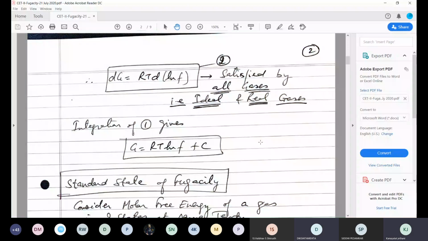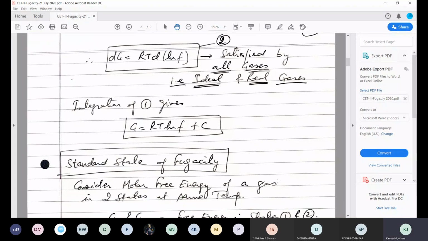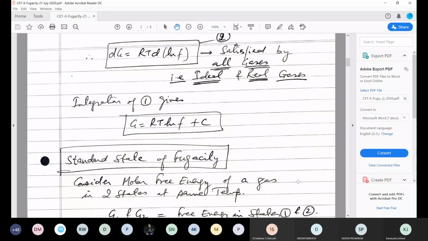That's exactly why we defined fugacity, because for real gas we cannot use pressure to calculate this Gibbs energy. So we have defined fugacity for real gas instead of pressure for ideal gas. Is the doubt clear? Yes, sir.